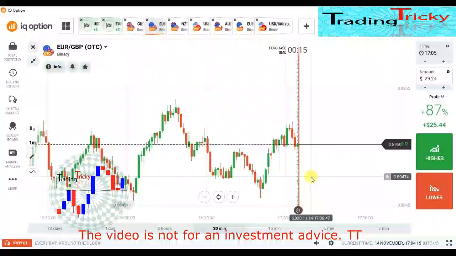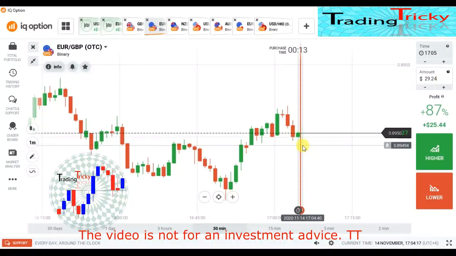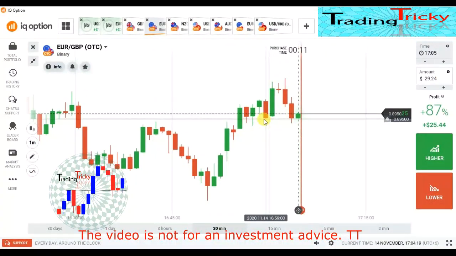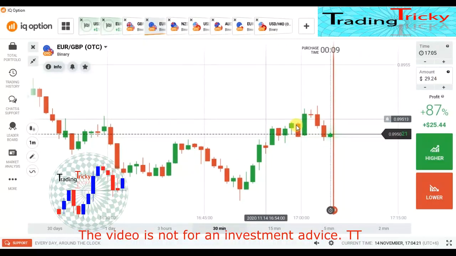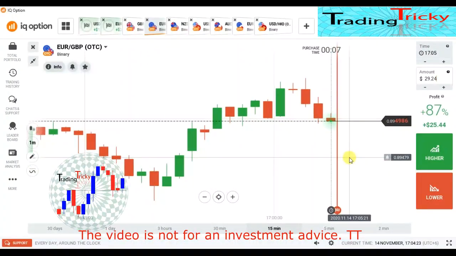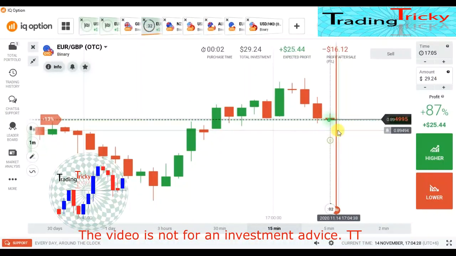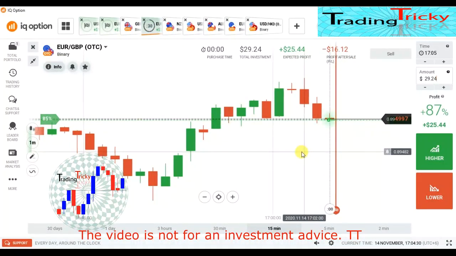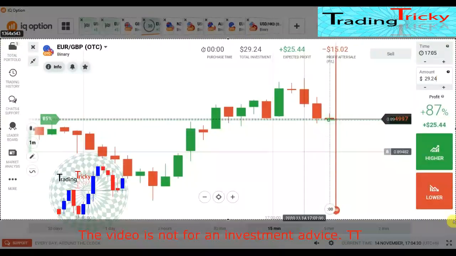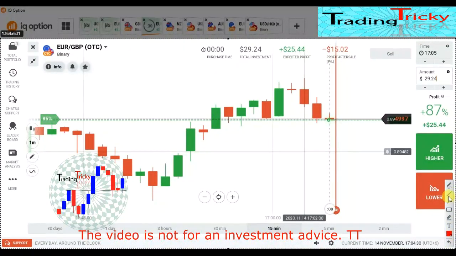This downtrend market, sellers starting, but this is a buyer's levels. Okay, now I'm going with buyers. This is a buyer's entry levels.